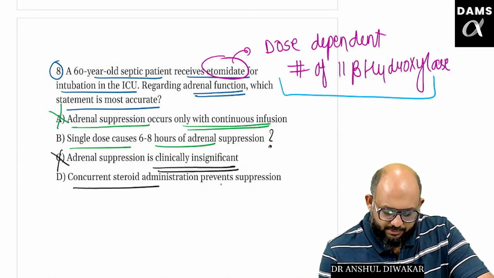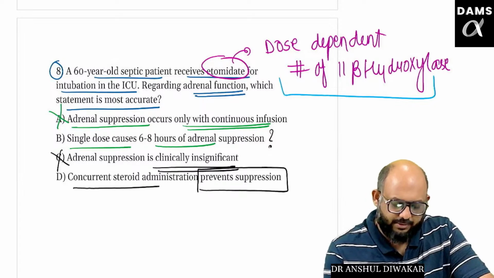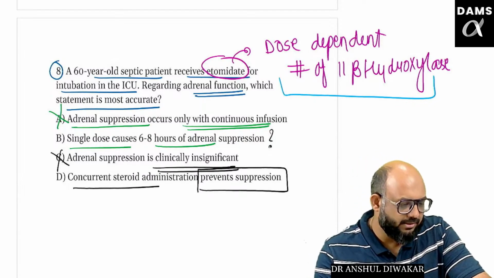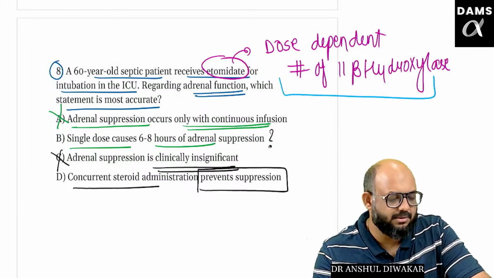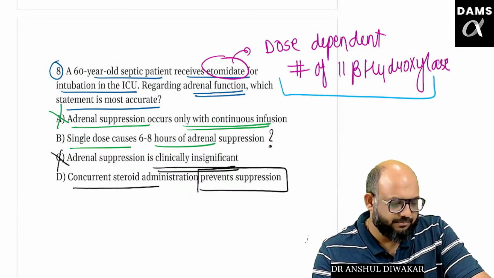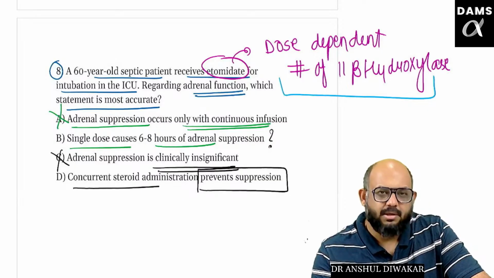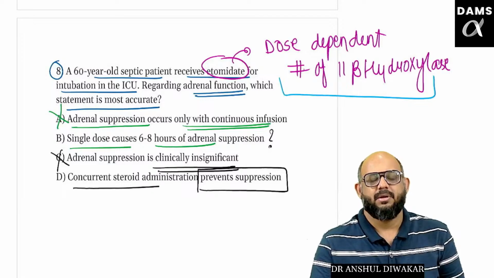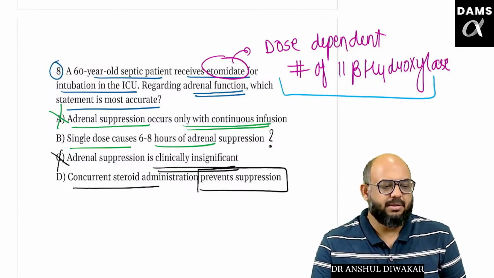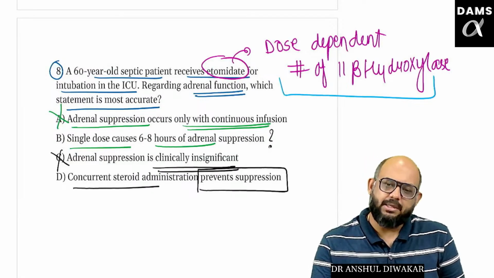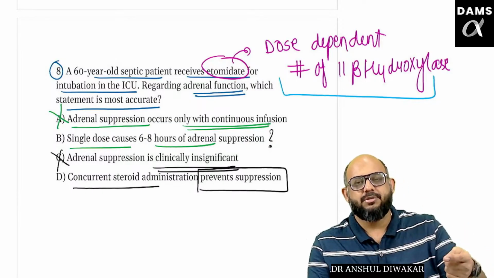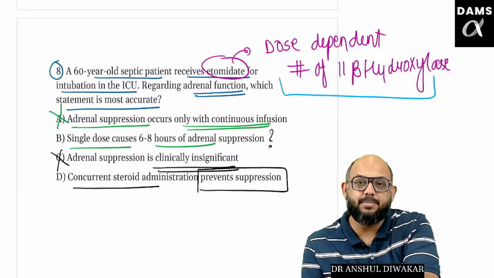Concurrent steroid administration prevents suppression. This is where I think you got confused the most, isn't it? If it is clinically insignificant, then why would we read it as a complication? We read it because it is clinically significant. But concurrent steroid administration doesn't prevent suppression. Why?